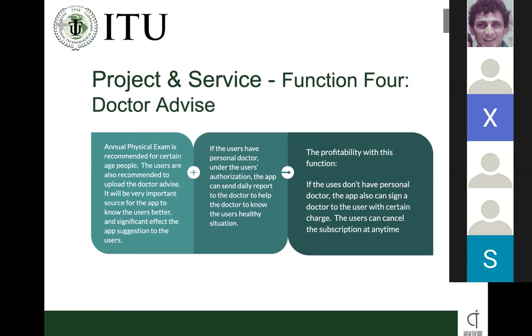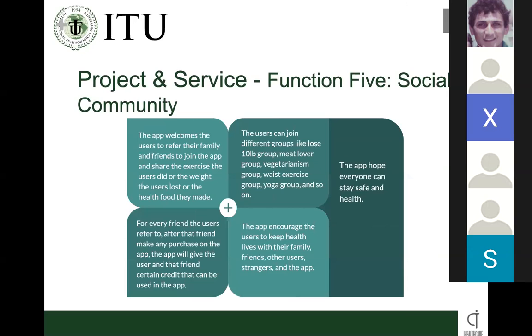Next is the social community. We want to bring more users to the app. If you can refer your family and friends to join the app, and you share the exercise with them, maybe it's easier to help you keep doing the exercise.